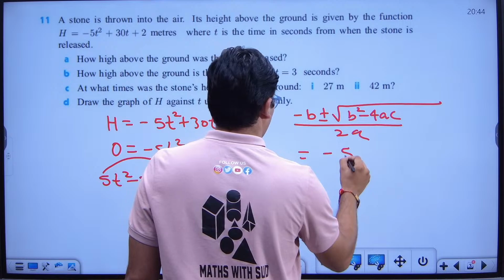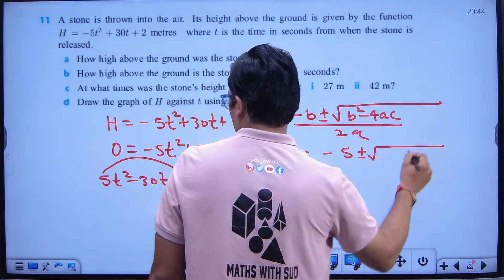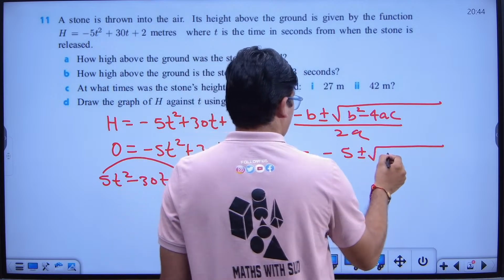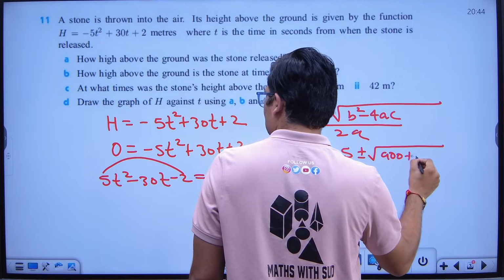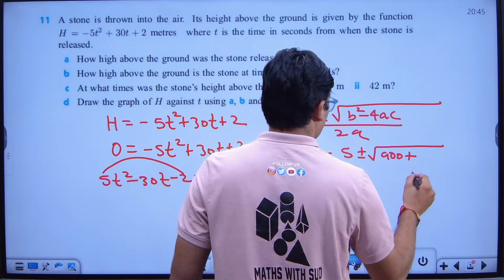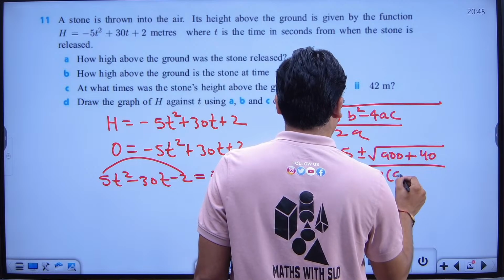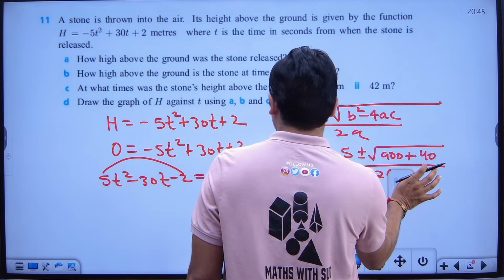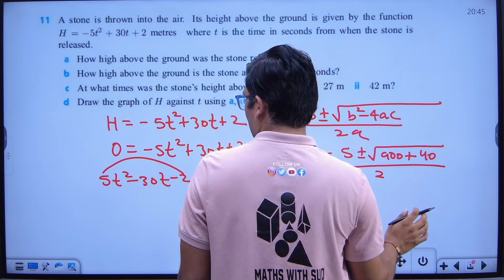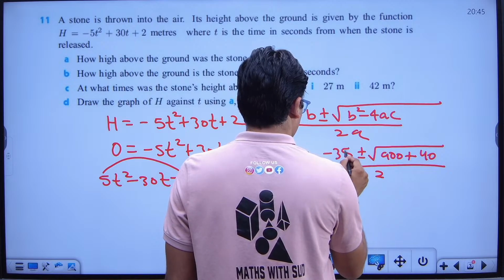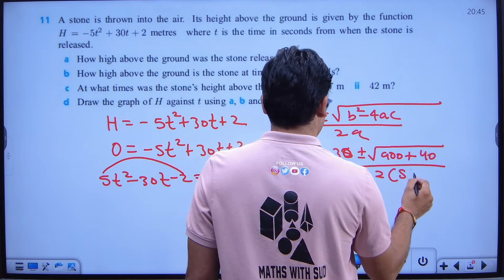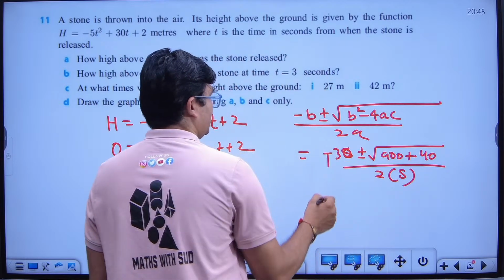So minus minus 30 plus minus under root 900 plus 5 into 4, 20 into 2, 40, divided by 2 into a. A is 5, so plus 30.